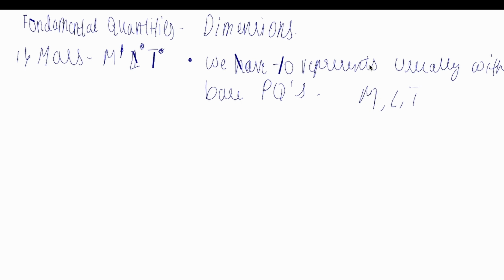So usually we write a dimensional formula for mass, length, and time, and we raise the powers accordingly. It was only mass, so we raise M power 1, and the rest, L and T, which are not in the formula, we write 0, as anything to the power 0 is dimensionless, as per the law governing the dimensions.